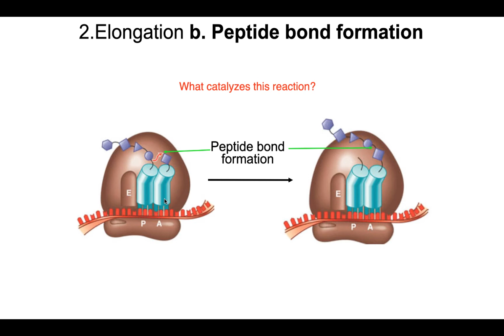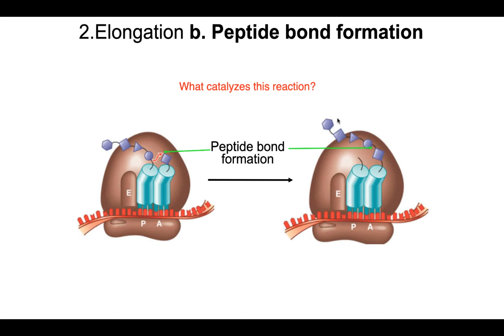Without the enzyme, this reaction is infinitely slow. And the question is, well, what catalyzes this reaction? And the answer is, globally, the ribosome, but more specifically, one of the RNAs that make up that ribosome. Remember, ribosomes are ribonucleoproteins consisting of both proteins and RNA, and it's the RNA itself within that ribosome that catalyzes the formation of the peptide bond.